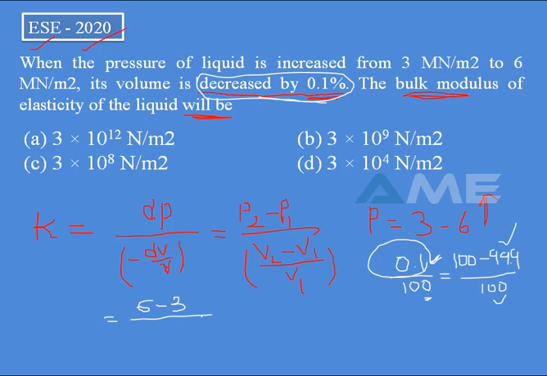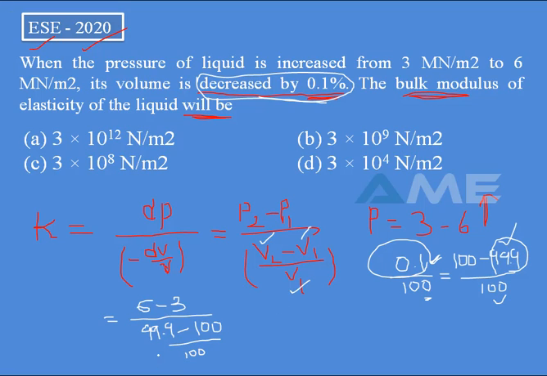So now what is the final volume here? 99.9. If you substitute here, this is your final volume and this is your initial volume, 99.9 minus the initial volume 100, divided by 100, which is the initial volume V1.